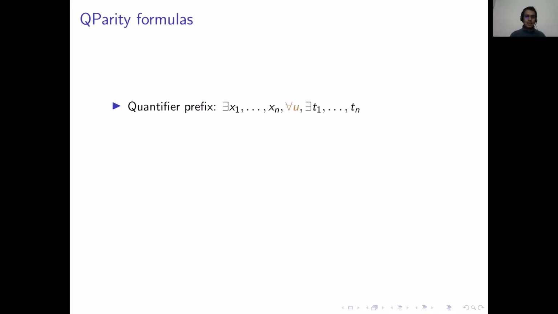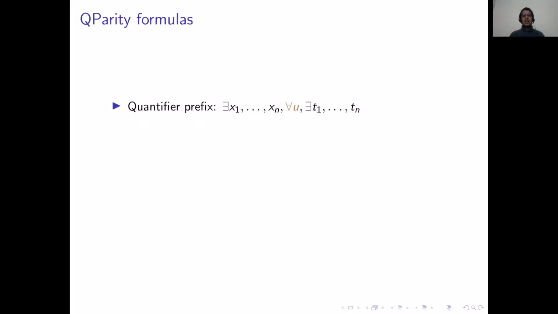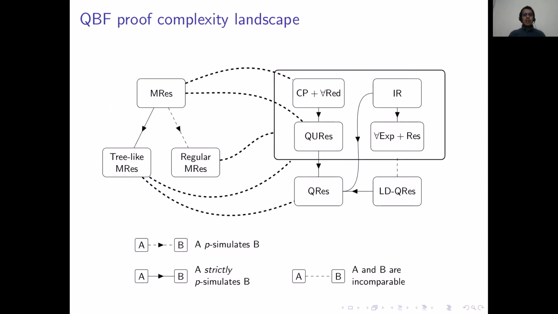Now let's proceed. I will give a proof sketch of one of the lower bounds. The lower bound is for regular MRES. We prove that there are formulas which are hard for regular MRES.